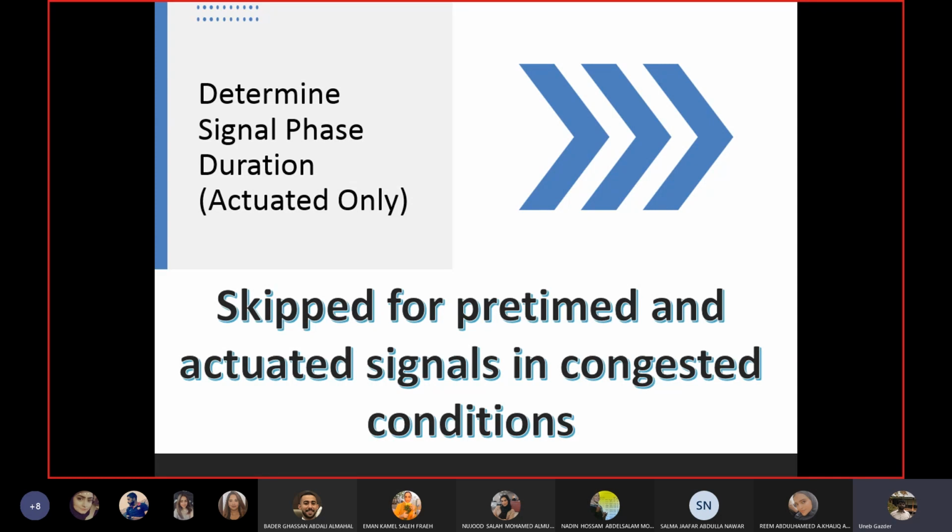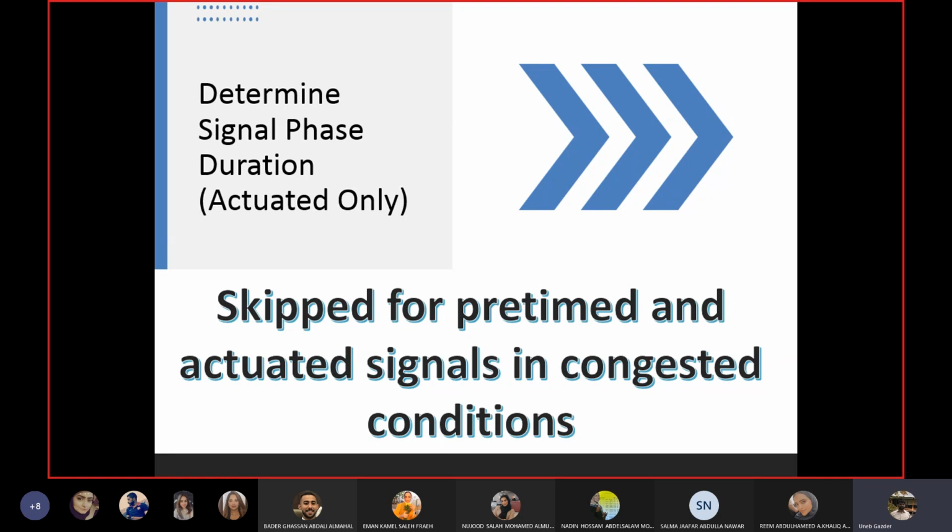But if you have actuated signals, then obviously you will have minimum green and maximum green. Even for the same peak hour, you will have a minimum value and a maximum value, and the signal will change between these values according to the traffic volume.